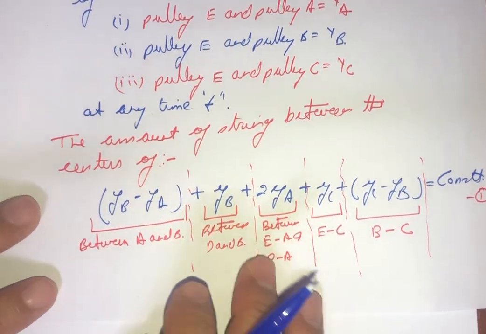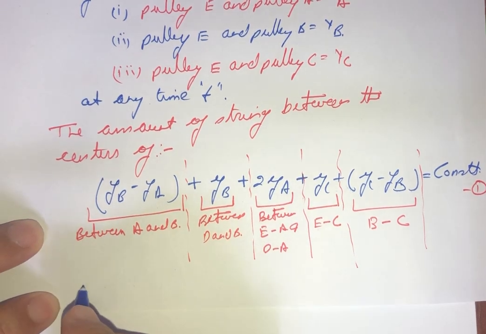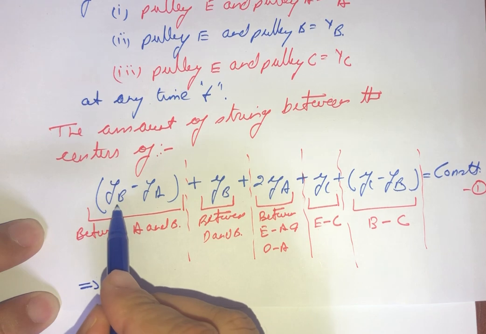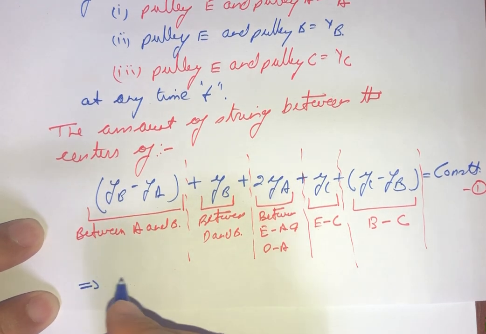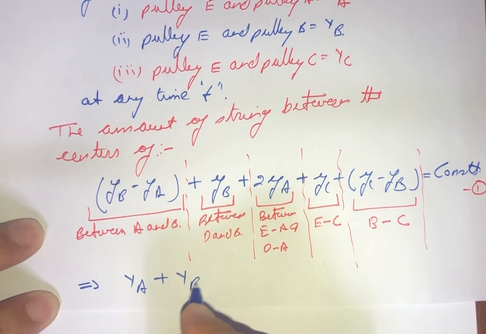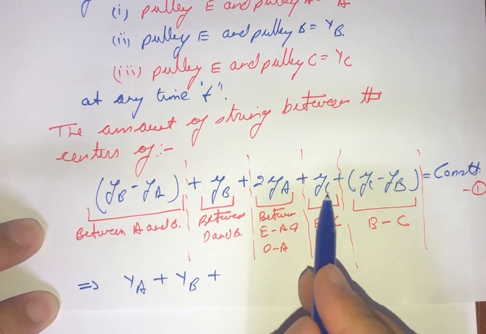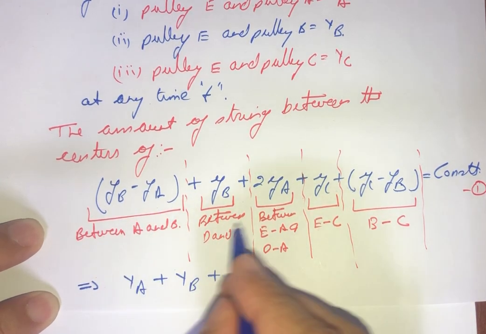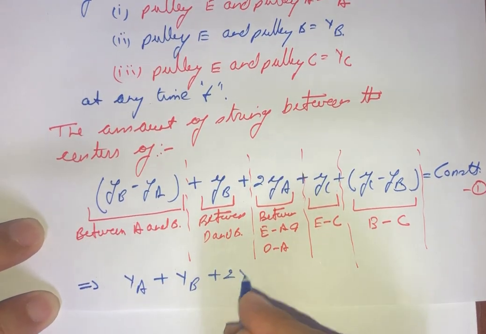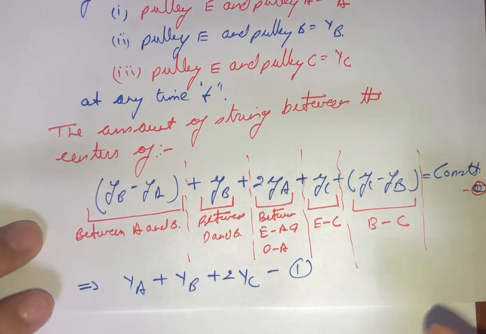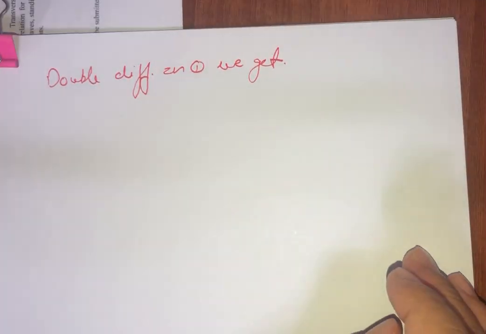So we can say from here that this equation is equal to YA plus YB, and this YB cancels out, and this will be twice YC, and let us call this equation 1. Okay, so it will be much more convenient to differentiate now.